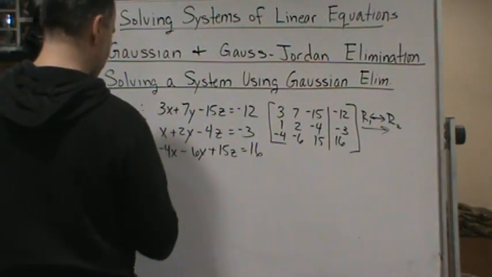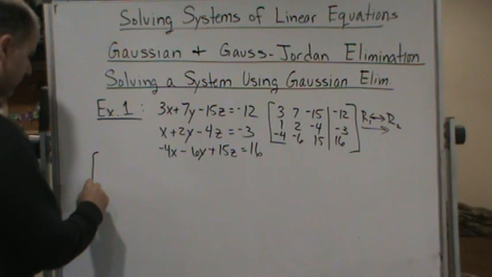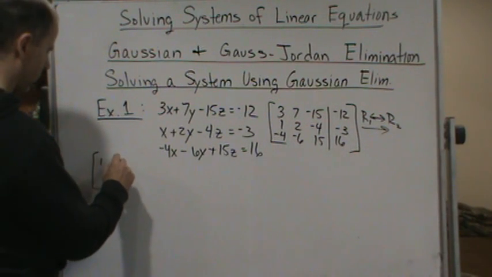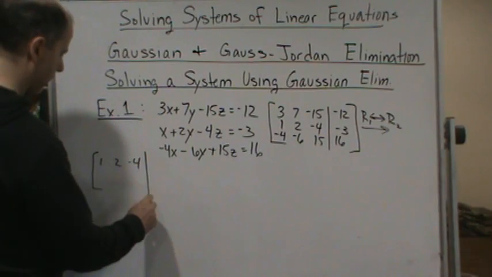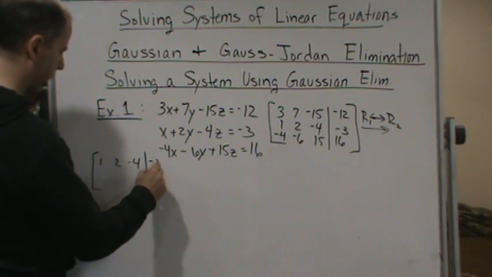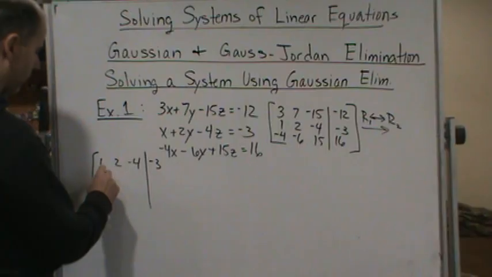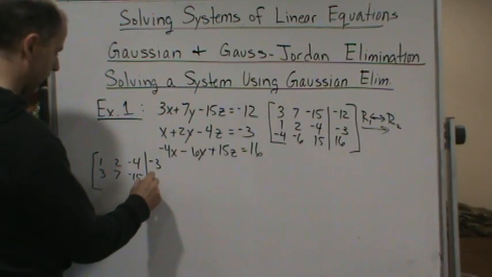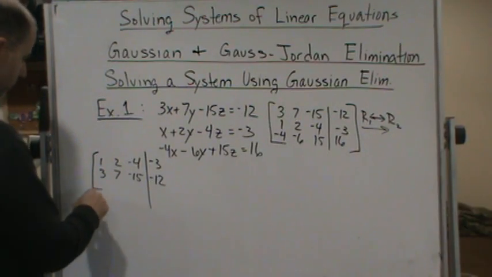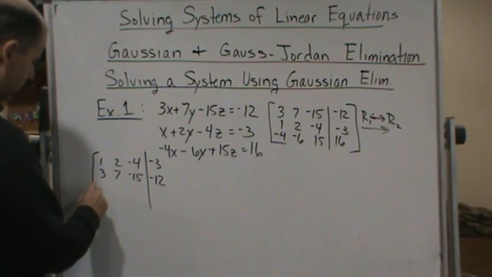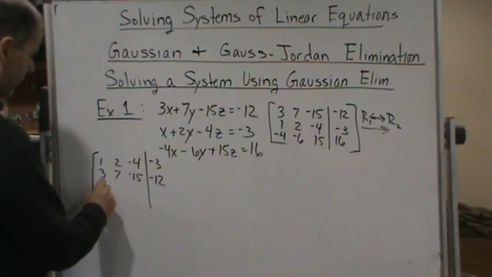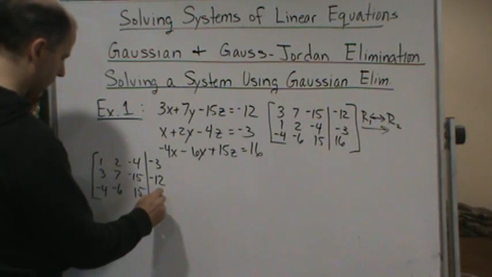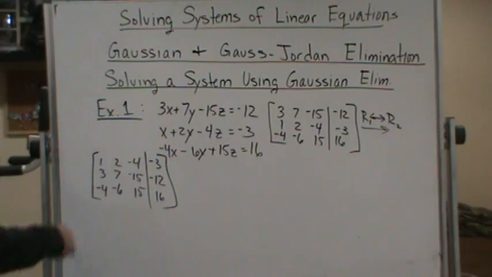That's going to give us the following result: 1, 2, negative 4, negative 3, and then 3, 7, negative 15, negative 12, and the third row doesn't change. So that's negative 4, negative 6, 15, and 16. All right, so now we've got that.